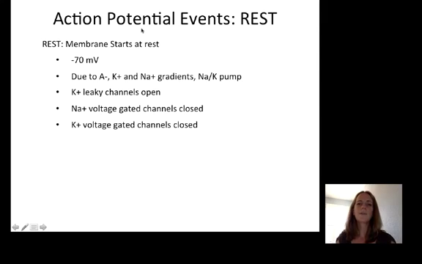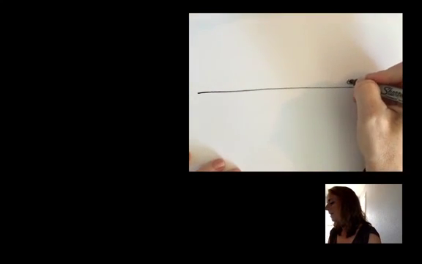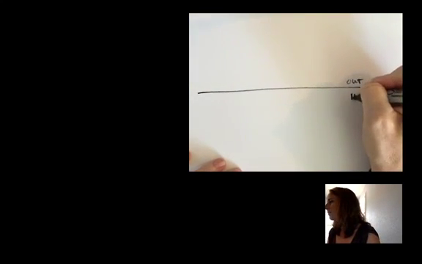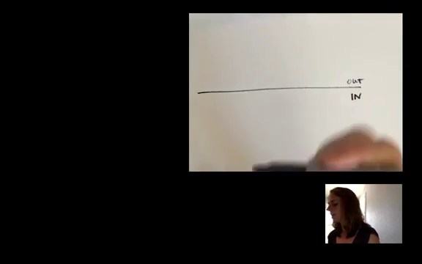Okay, now let's go through the events. First, at rest, the membrane is going to be at minus 70. That's because of what we have already set up, the sodium-potassium pump, the sodium gradients, potassium gradients, and the negative anions. And let's now follow the channels. Okay, so back to a membrane where we have the outside compared to the inside. And we've talked about a couple of different channels.